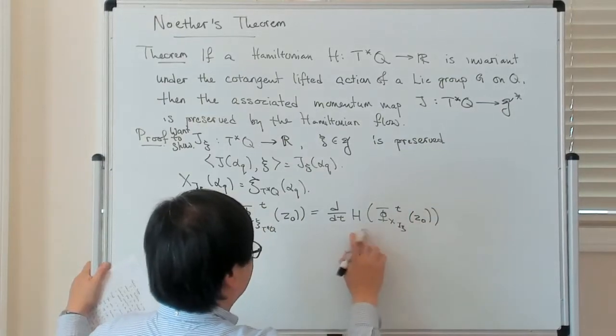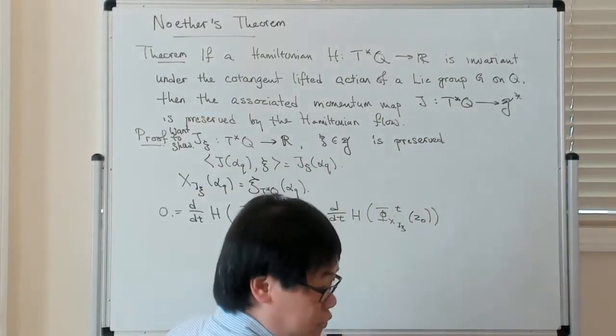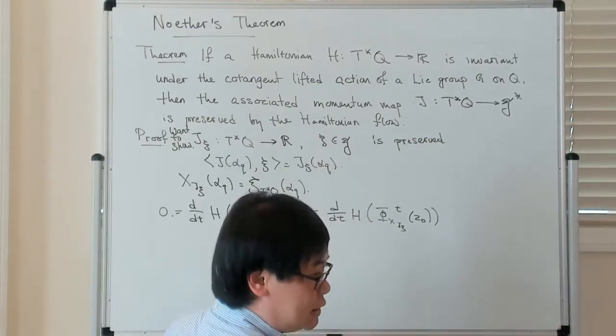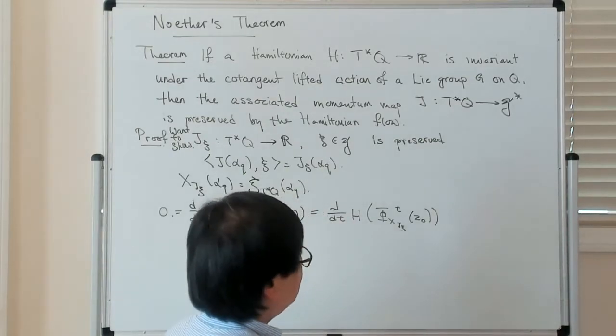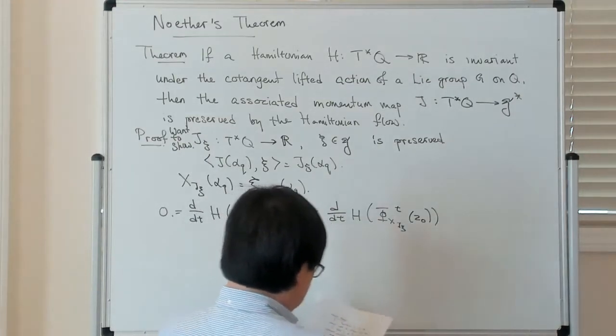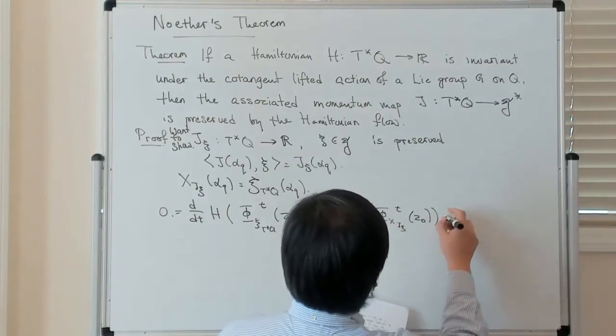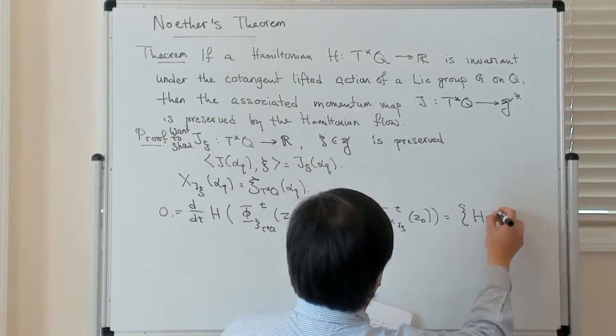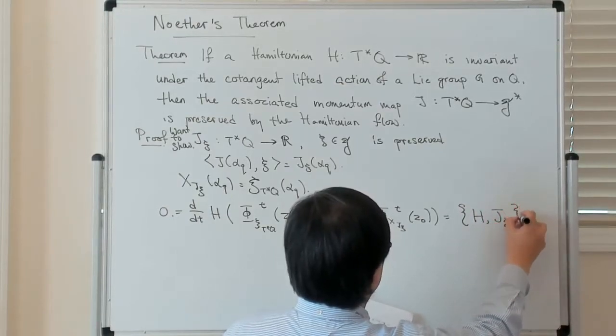But this thing is related to the Poisson bracket involving H and J_C, which is something we showed when we studied first integrals in Hamiltonian systems. So this is equal to the bracket of H with J_C.